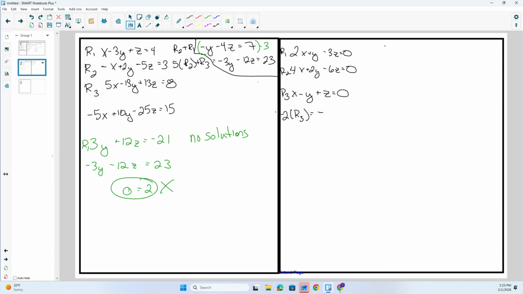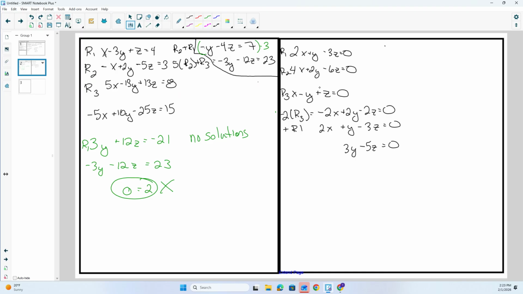So it gives me negative 2x plus 2y minus 2z, and this still equals 0. Okay, now I'm going to add this to R1, R1 was 2x plus y minus 3z equals 0. When we do this, this gives me 3y minus 5z equals 0.